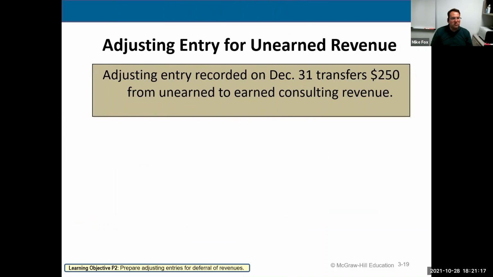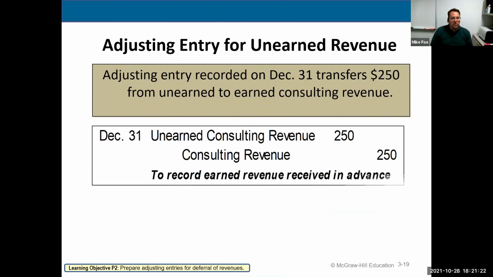So the adjusting entry will look like this: debit unearned consulting revenue and credit consulting revenue.